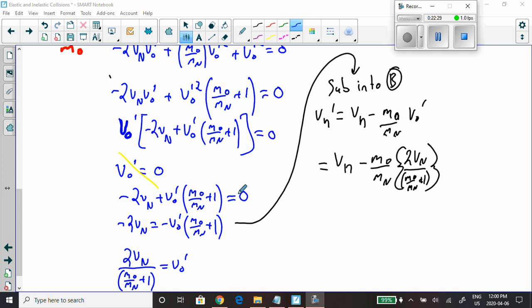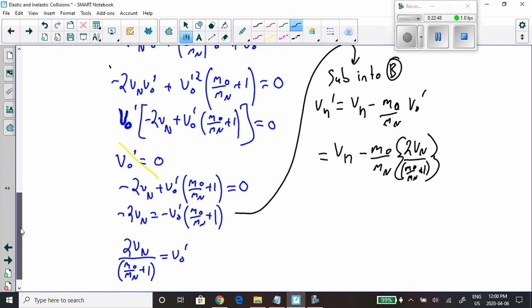That's the only way we're going to get a 0 on the right-hand side. Well, velocity of the oxygen after the collision equal to 0 makes no sense because the oxygen molecule was sitting there and it was hit and there was a collision, so it would move. So this is an extraneous root. We're not going to accept that. But we can accept that what is in the bracket is equal to 0. Let's work with that then.